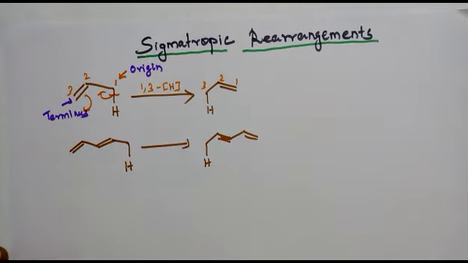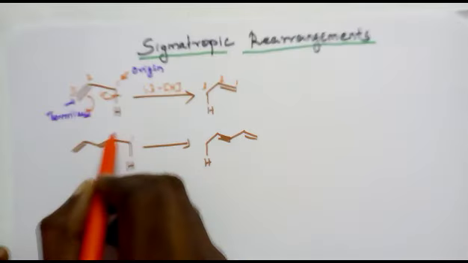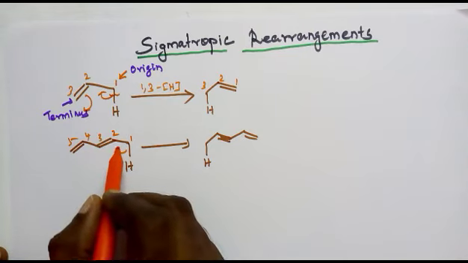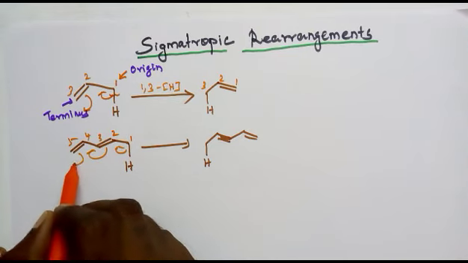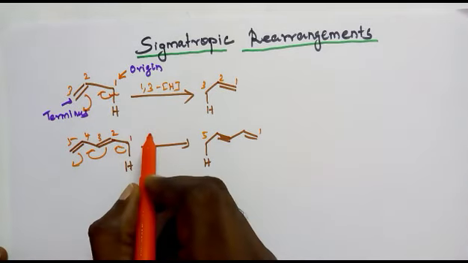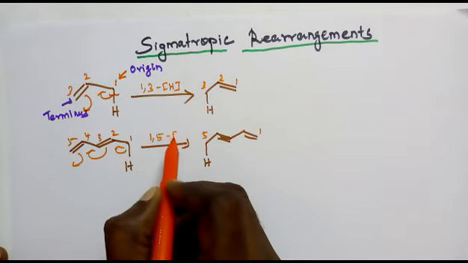Okay, what is it? This is carbon number 1, 2, 3, 4, 5. So hydrogen migrates from carbon number 1 to carbon number 5. Okay, 1 to 5. So this is called a 1,5 hydrogen shift.